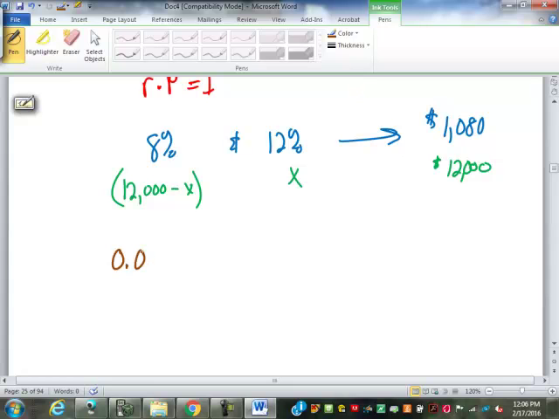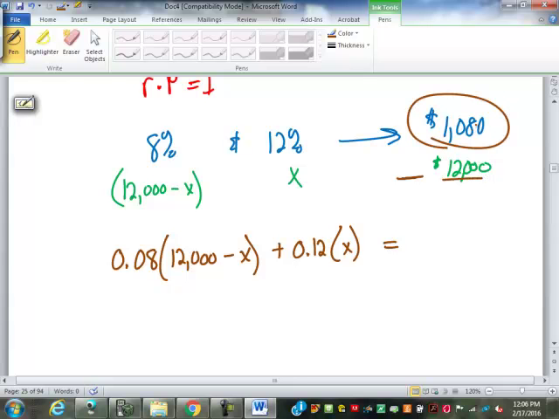So this percent of 8% becomes 0.08 times (12,000 minus X), plus 12% is 0.12 times its amount of X equals, now here we weren't given a percent, so we don't have to do a percent times the 12,000. We were given what that amount was after the percent, just the 1,080. So that's all that goes here. We do not need the 12,000 in our formula anywhere right now.